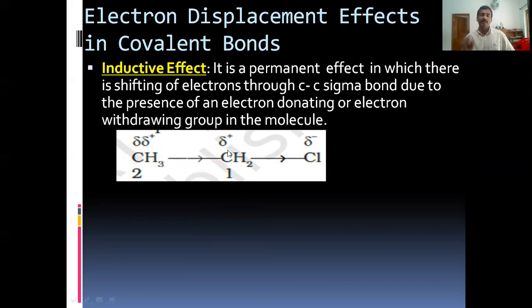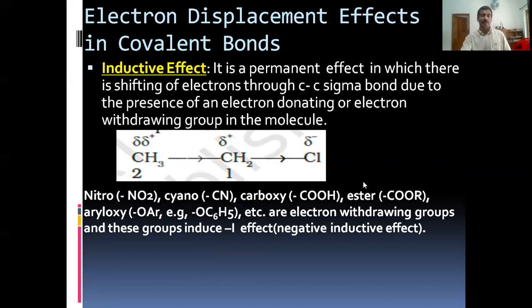Delta positive means a very small positive charge. And if there is a third carbon atom, there also delta positive charge will develop. And beyond the third carbon atom, inductive effect will not exist.